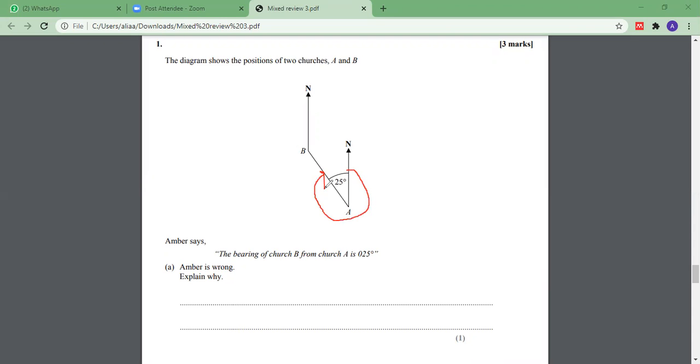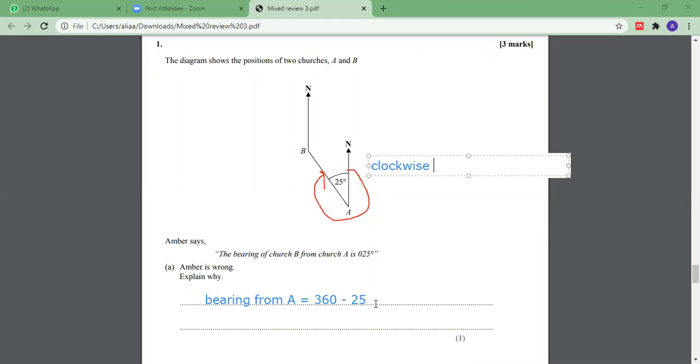So the bearing from A equals 360 minus 25. Okay, most of us would think that it's not wrong because it's 25, but no, with bearings we have to always remember it has to be clockwise.